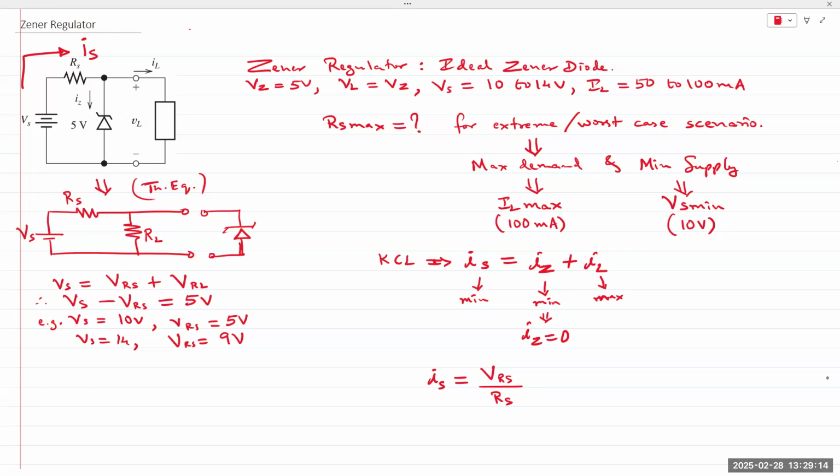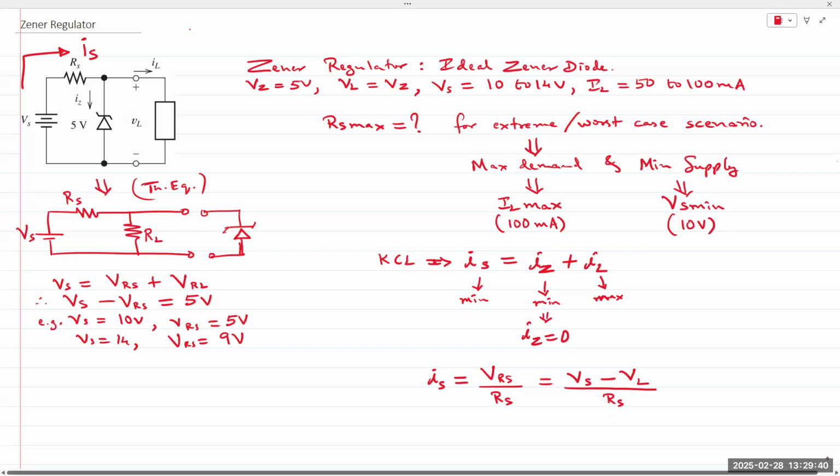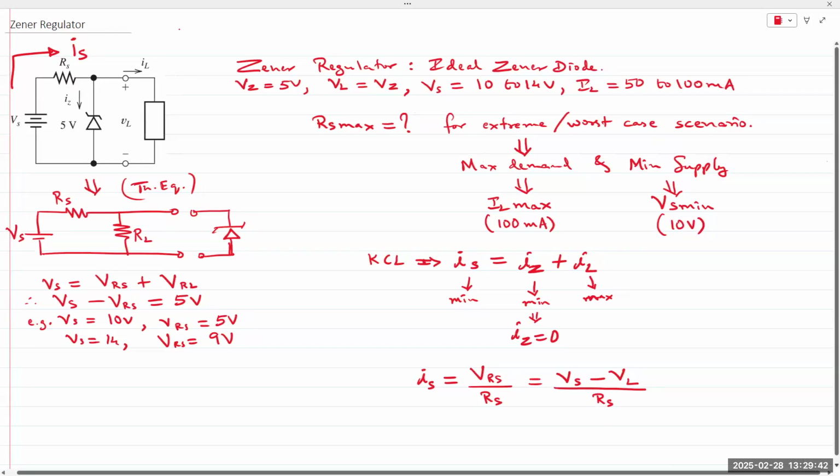We have the supply voltage at one node. We have the Zener voltage at the other node. Vs minus Vz. Or VL. Okay. So IS is Vs minus VL over Rs.